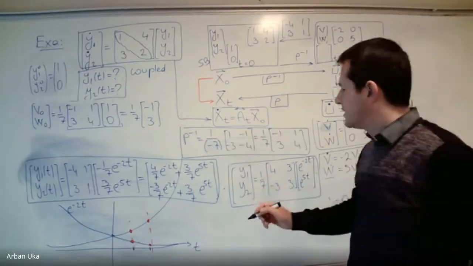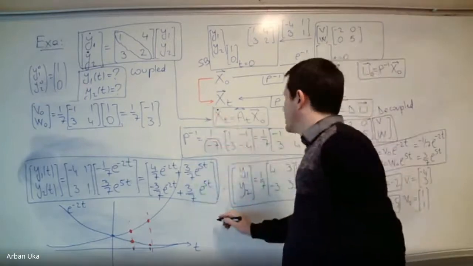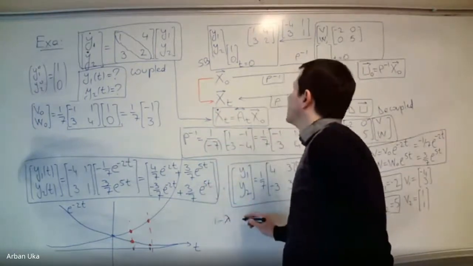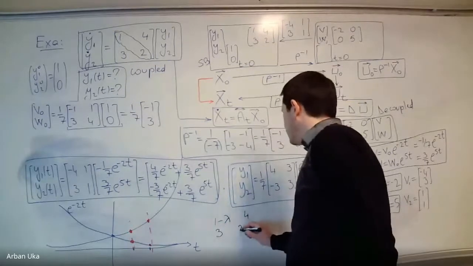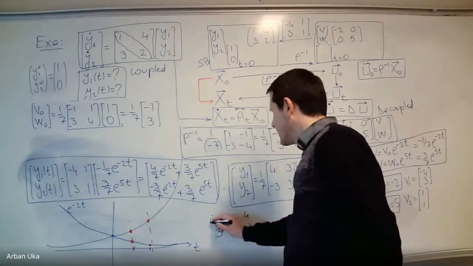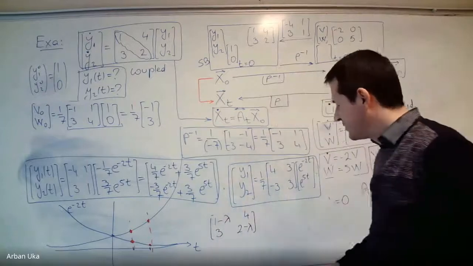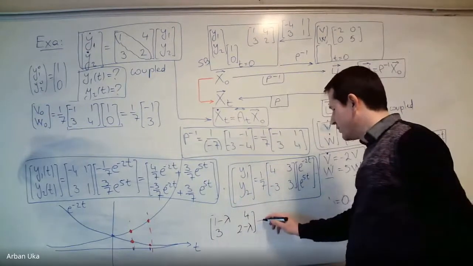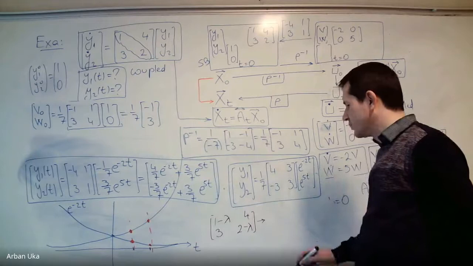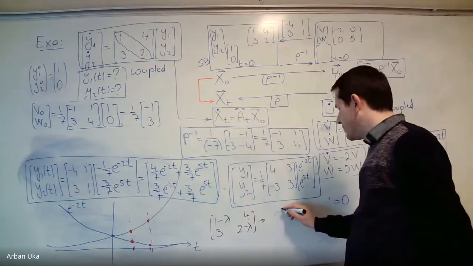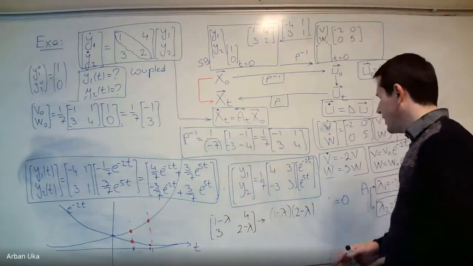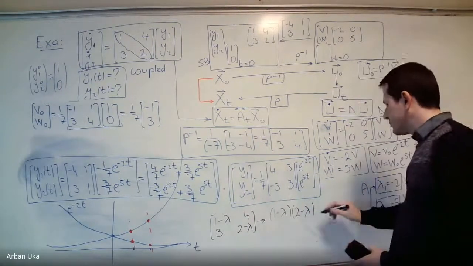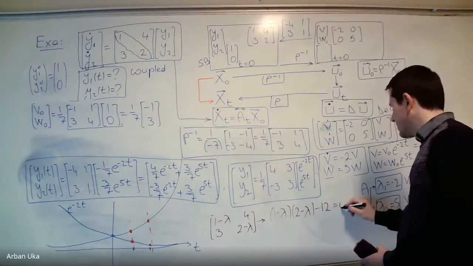So how do we find the lambdas? We do A minus lambda I, which is going to be 1 minus lambda, 4, 3, 2 minus lambda. We've done this also together the long way in our class. So we write down the determinant of this one equal to 0, which is 1 minus lambda times 2 minus lambda minus 12, equal to 0.